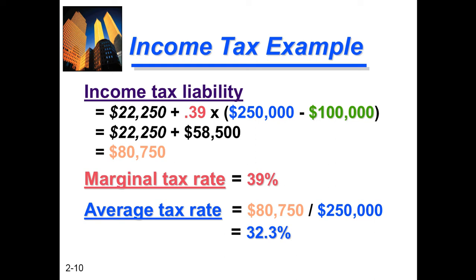So the average tax rate is 32.3%, the marginal tax rate is 39%, and how we calculate them we discussed before. At the end of the class I will provide some more examples as an assignment to you guys.